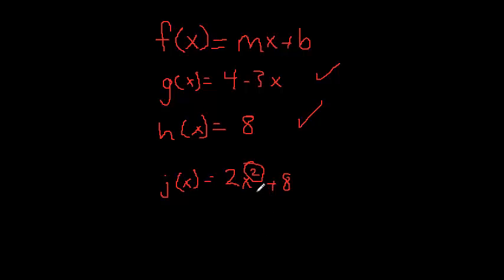Anytime our x variable has an exponent other than 1, right, which is the assumed exponent here, it is not a linear function. So no go, that is not linear. We're just going to be focusing on our linear functions.